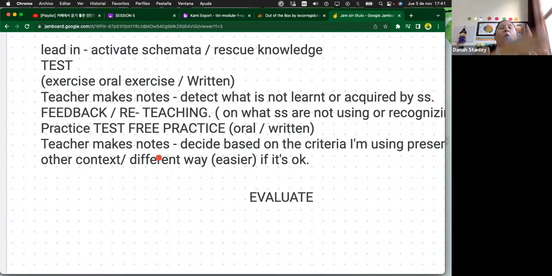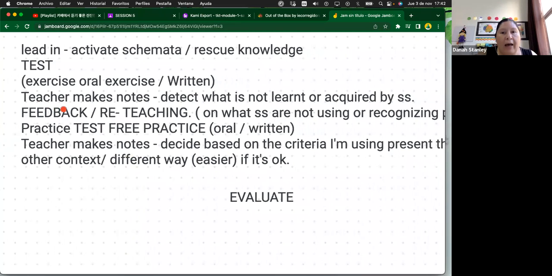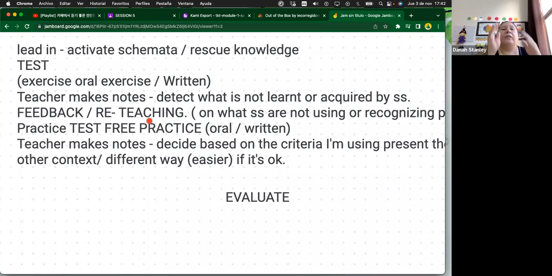I revise, we check, I know exactly what their mistakes are. I teach again, I provide the feedback, and again, I give them another exercise, different from the first one. If I decide to have the first test oral, the second test can be oral or can be written.